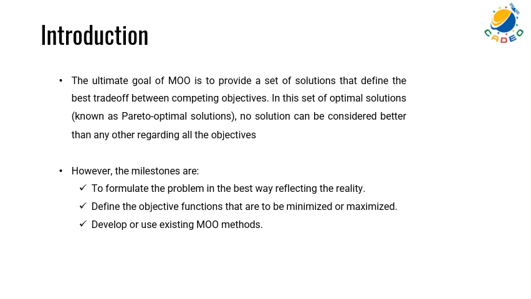This is the second step. Then, in the third and final step, we either create new methods or use ones that already exist in the multi-objective optimization landscape to help us find the best optimal solutions. So it's a step-by-step process to make sure we find the best trade-off between different goals in a problem.